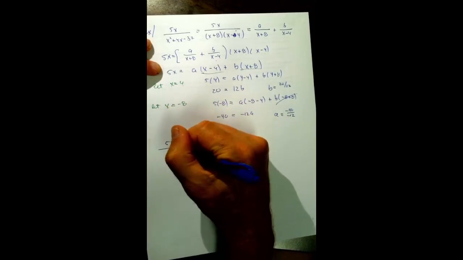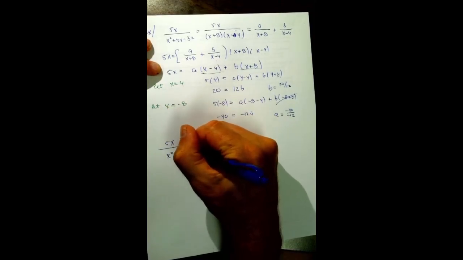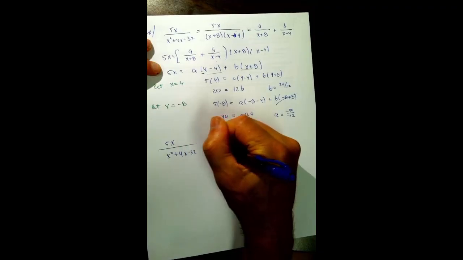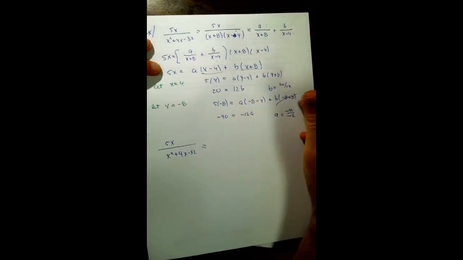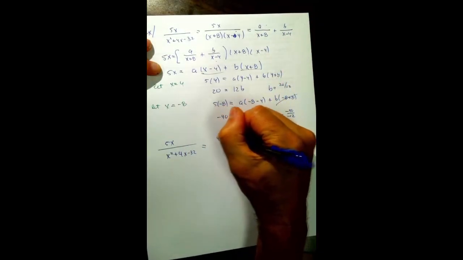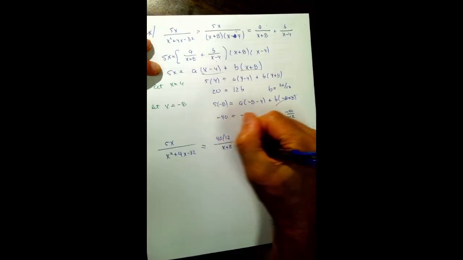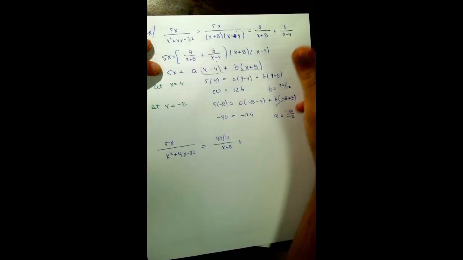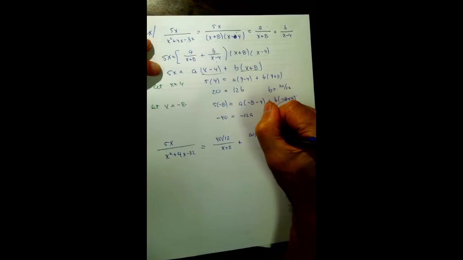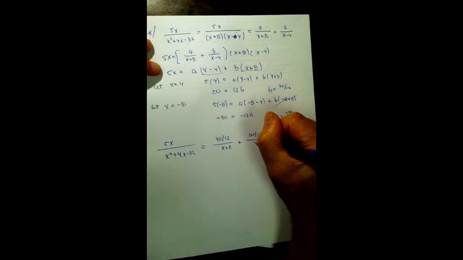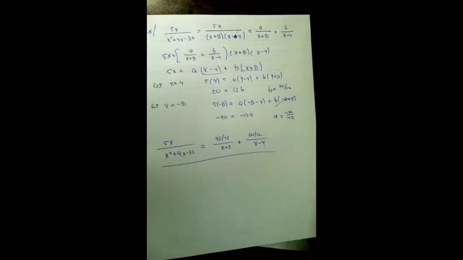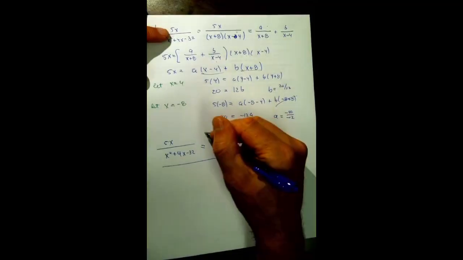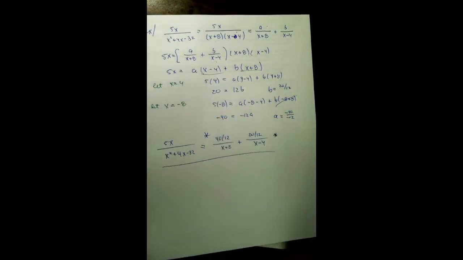So my original fraction, 5x over x squared plus 4x minus 32, is going to be a. I'm going to write that as 40 twelfths over x plus 8, then plus b, which is 20 twelfths over x minus 4. And again, working with this right-hand side can be much easier than dealing with that left-hand side.